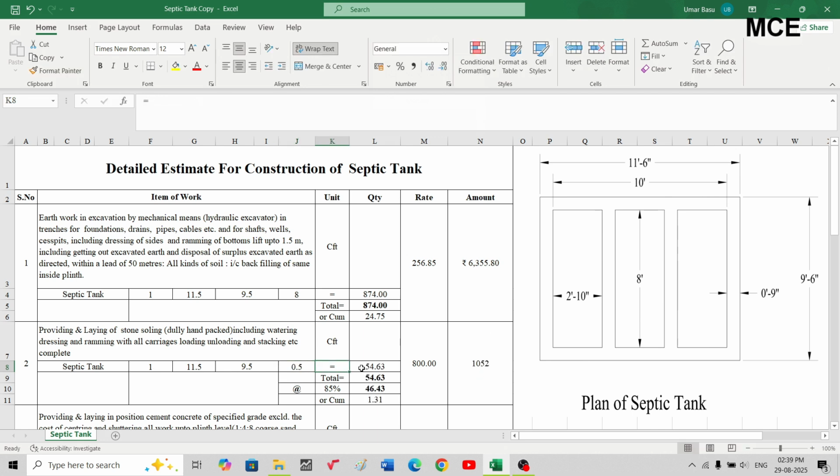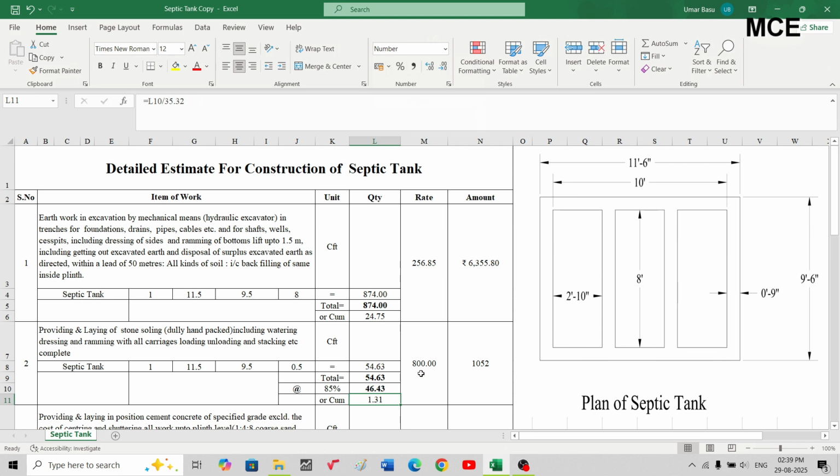So the total will be 54.63 cubic feet, and since stone soling will have some void, we will take 85% of 54.63 as the net quantity, which will be 46.43. When you divide it by 35.32, you get the quantity in cubic meters, which is 1.31.